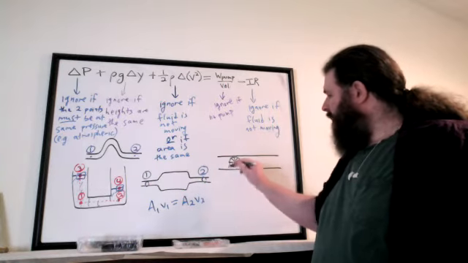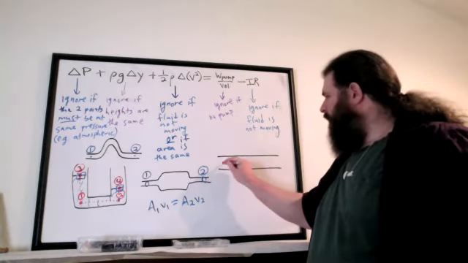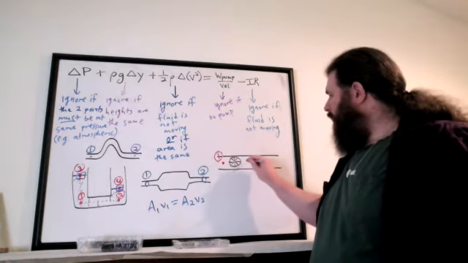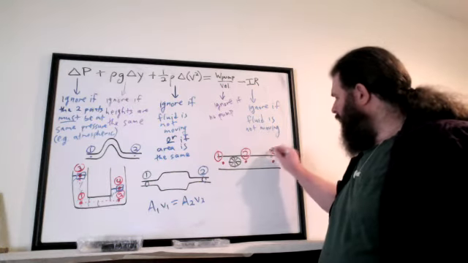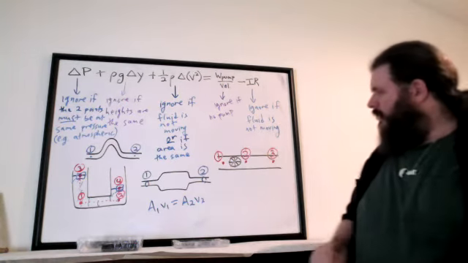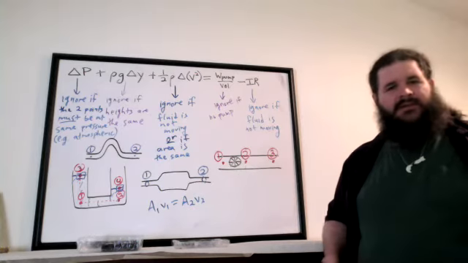Let's say you have a pump in the system here. And let's say we label the point right before the pump 1, the point right after the pump 2, and then further down the line we've got location 3. If you're comparing 1 to 2, would you include the pump?